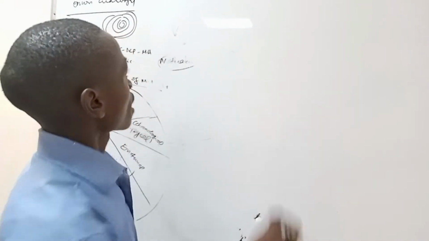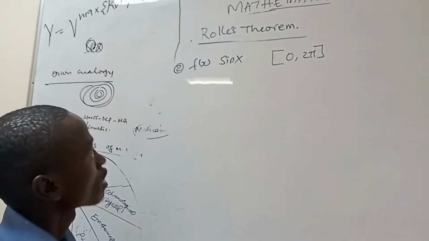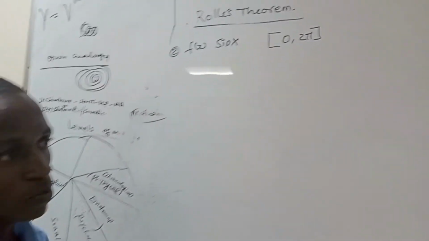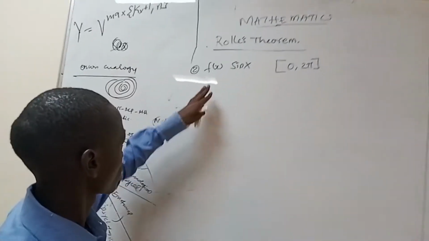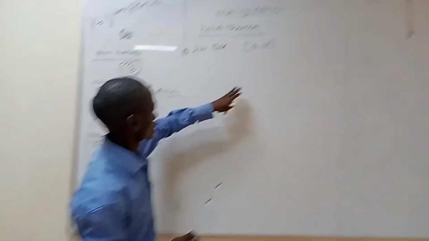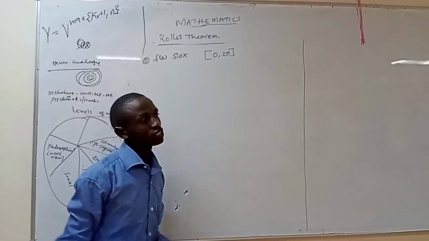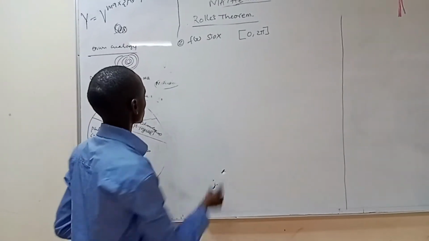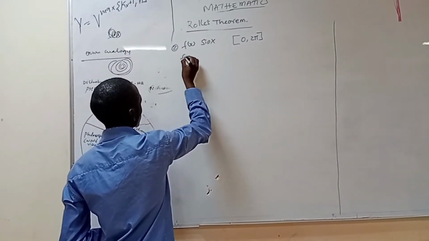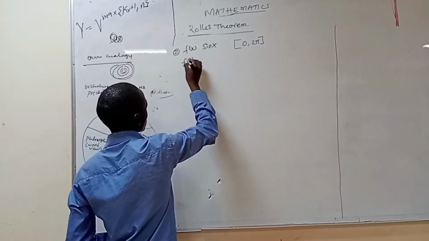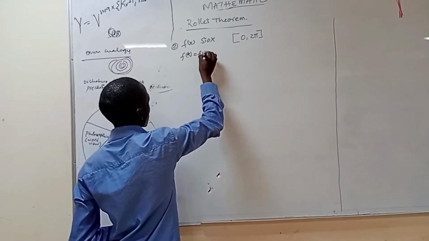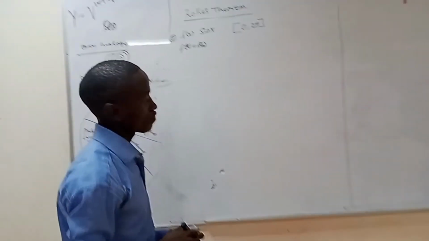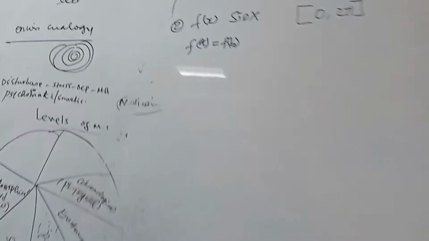Let's check example 2. It's about Rolle's theorem once again, and you are given a function of x, then you are given an interval which is between 0 and 2 pi. So we say the first condition, f of a should be equal to f of b at that interval for us to say that it is a Rolle's.